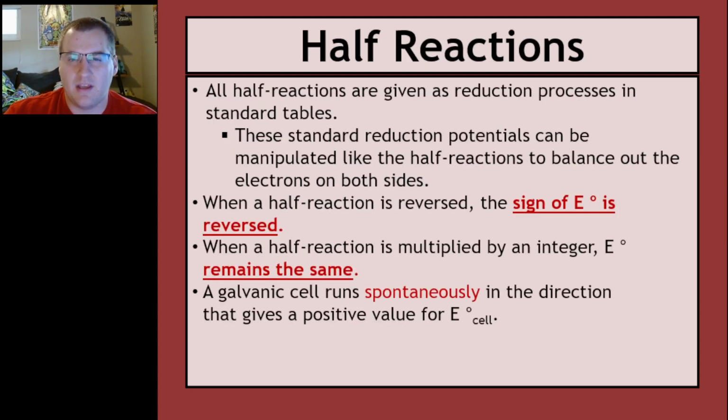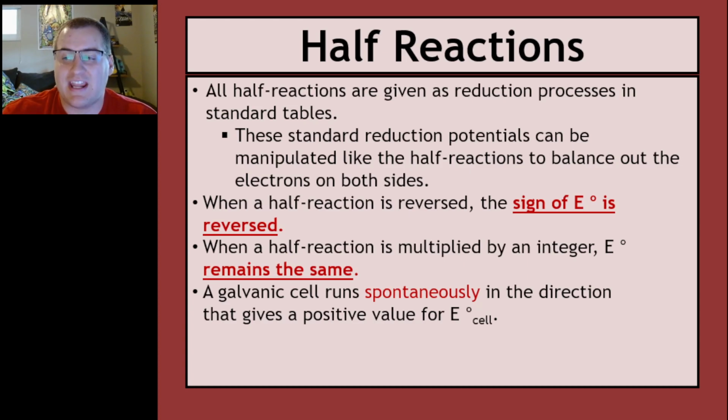Okay. So all half reactions, like I was saying before, are given as reduction processes in the standard tables. These standard reduction potentials can be manipulated, like the half reactions, to balance out the electrons on both sides. So when a half reaction is reversed, if you flip the operation around, the sign of the voltage is also reversed.